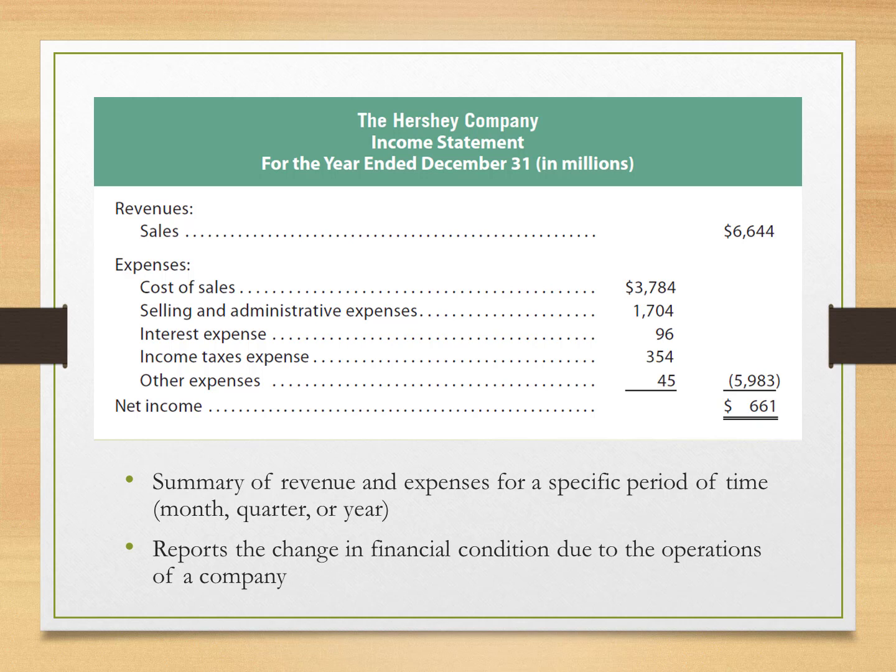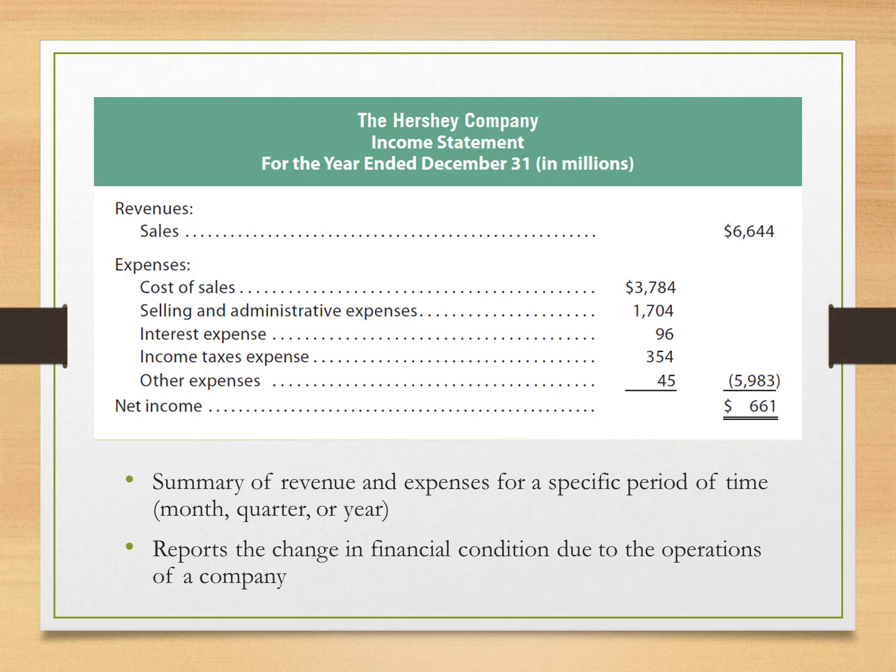The first expense is cost of sales. You may see this as cost of goods sold. In addition, we have selling and administrative expenses, interest expense, income tax expense, and other expenses. We sum the total of our expenses, and this is $5,983.